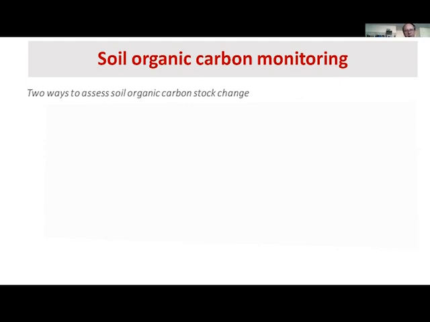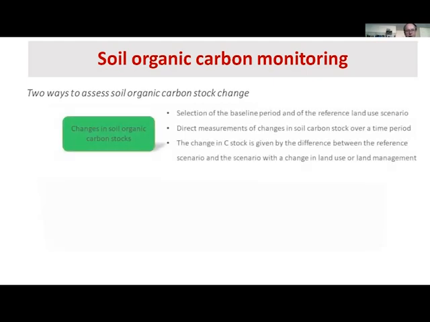So as you realize, both for monitoring a baseline and for monitoring a change after a practice, we need to assess the soil organic carbon. And there are two ways basically to do this. The most used way is just direct coring. We would core the soil, we would measure the carbon content in the soil, and we would also measure the bulk density over a reference depth.